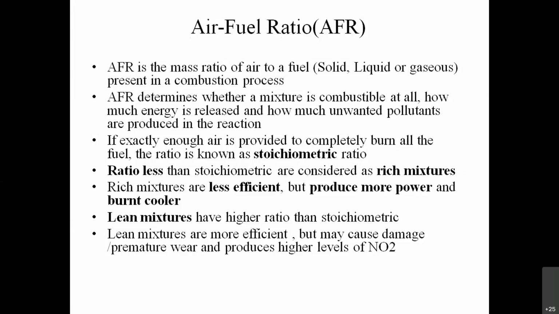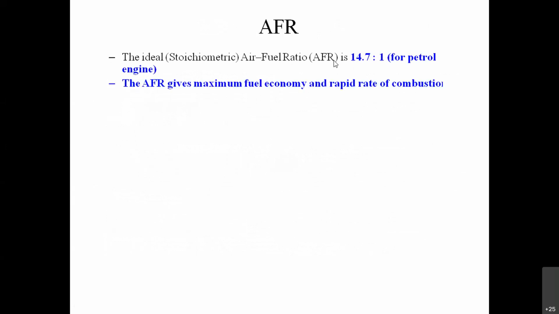So what is that stoichiometric ratio? For petrol and diesel, that ratio is 14.7:1. What this ratio represents is that if the air mass is 14.7, in that proportion your petrol mass should be added as 1.